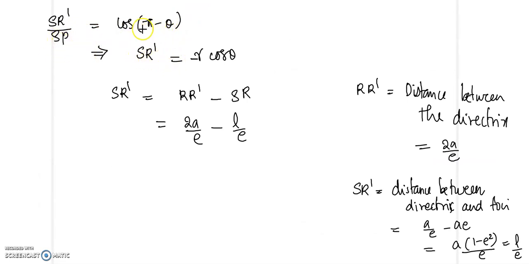So S R dash, since cos of pi minus theta will be equal to minus cos theta.